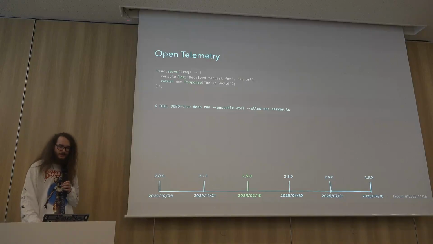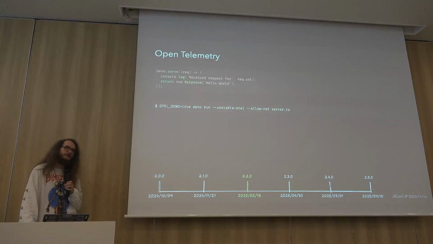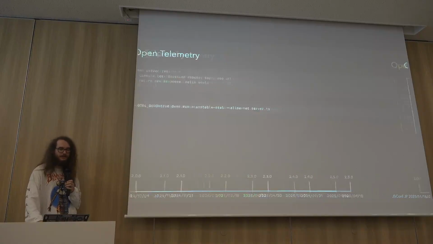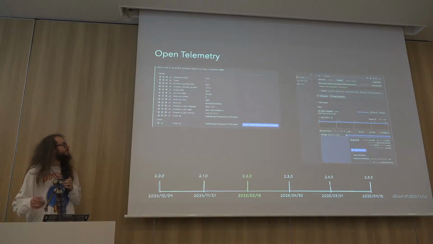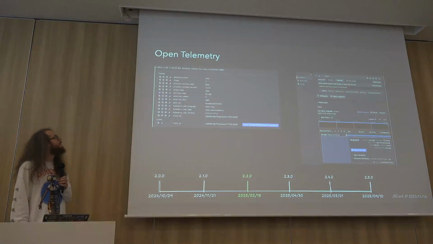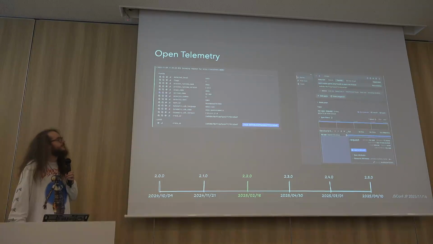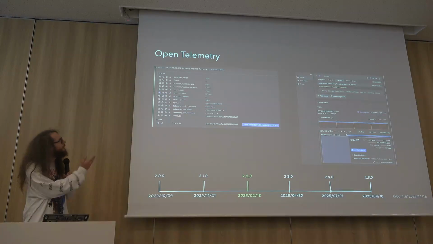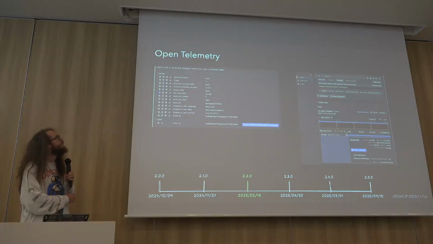And if you have OTEL instrumentation set up with some platform like Grafana, or you're running your own stack locally, you will then get all the information from, for example, those two logs. So the first one is from the console log, it's the logging, and you see all the different information for that specific log call and also the output.